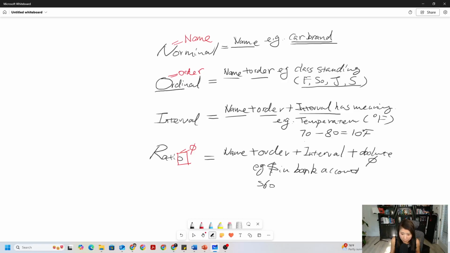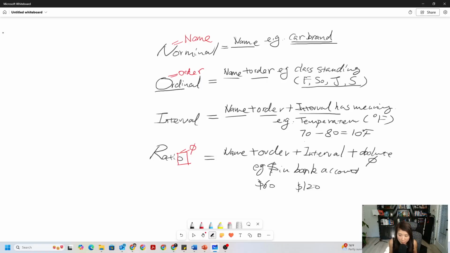Next month you have $120. First of all, the attribute has a name, right? $60 versus $120. And then they have the order: $120 means you have more money than $60. And also the interval makes sense, right? From today's $60 to next month's $120, that means you made an actual $60.